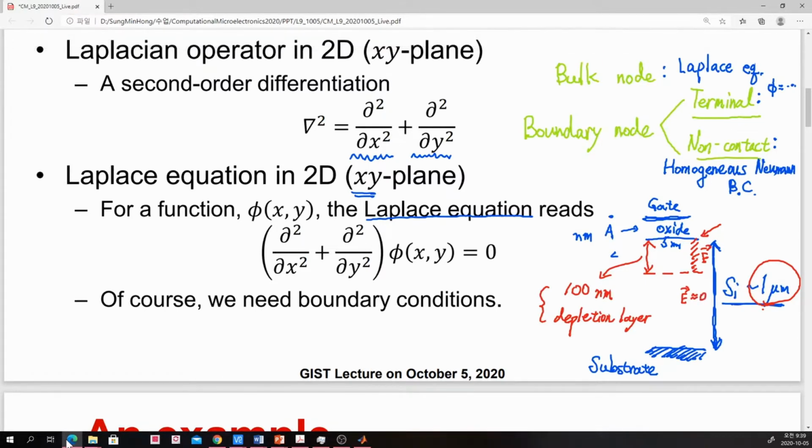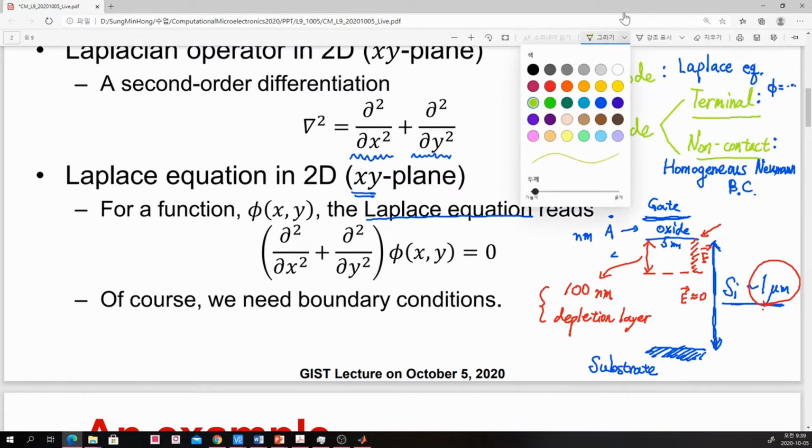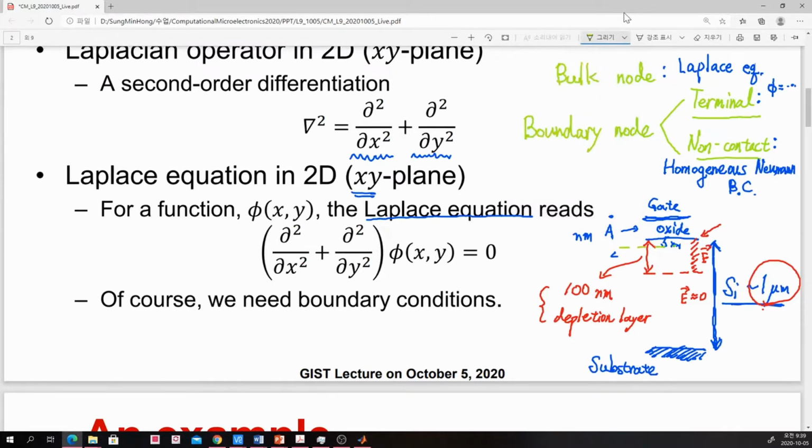So if only 5 nanometer is simulated in our calculation, then in reality we have a strong electric field at that 5 nanometer point.